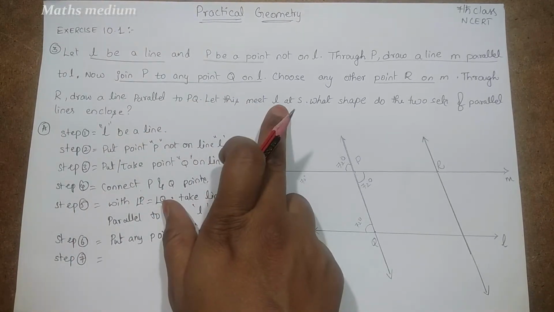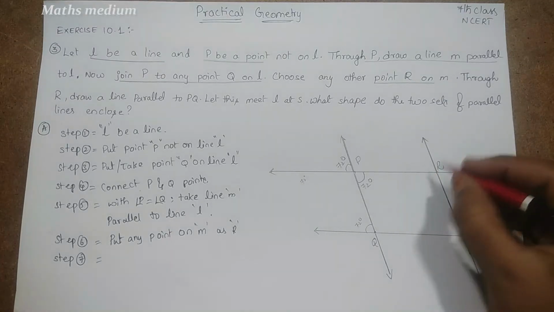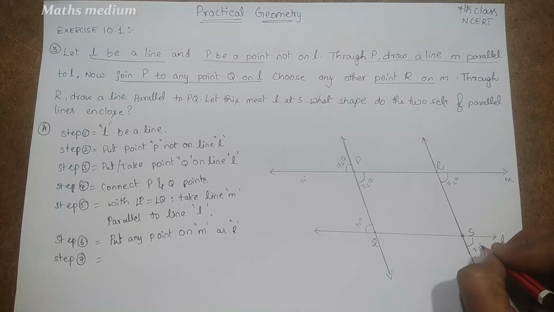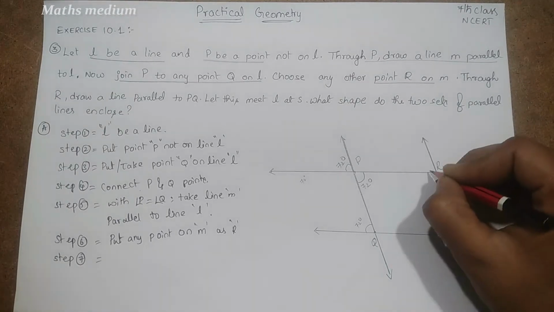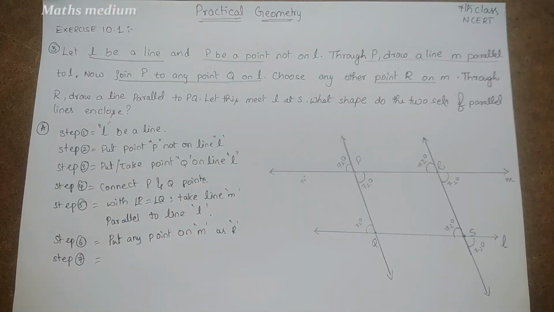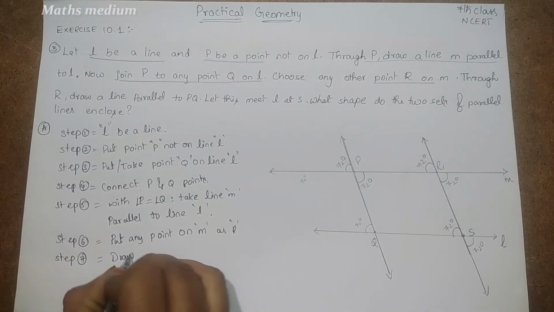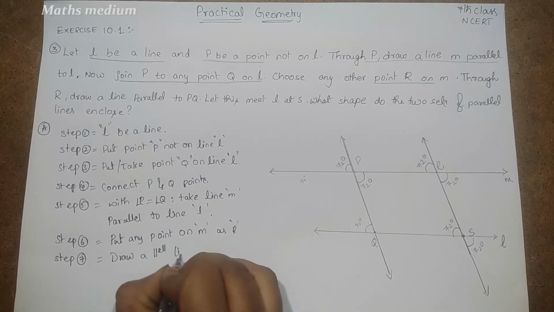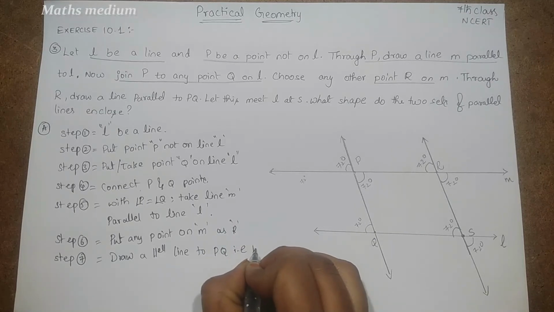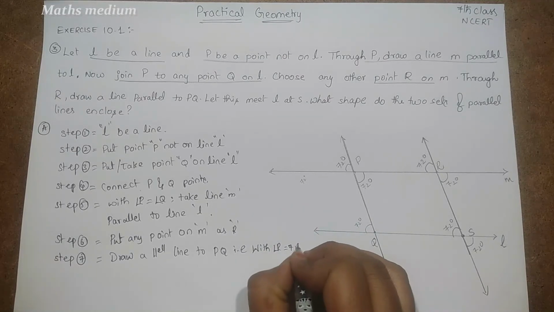Let this meet L at S. So this is S, and this is the angle of 72 degrees. Here also 72 degrees. Next step 7 is: draw a parallel line to PQ, that is with angle R equal to 72 degrees.